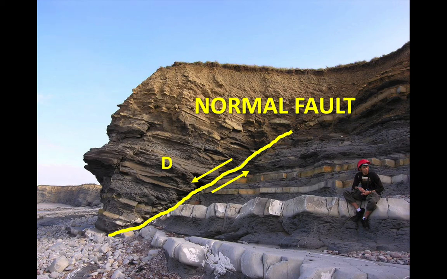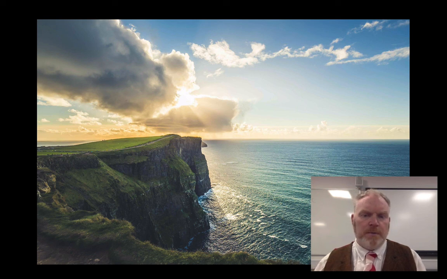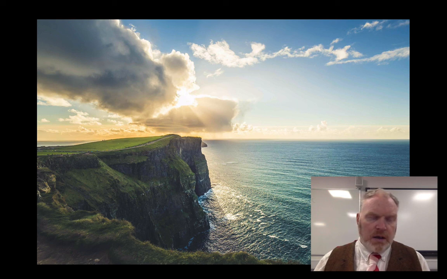So, as we watch the sunset over the cliffs of Moher in Ireland, what I'd like you to do next is to look at the fault photographs that we can see on pages 8 and 9 of your booklets.